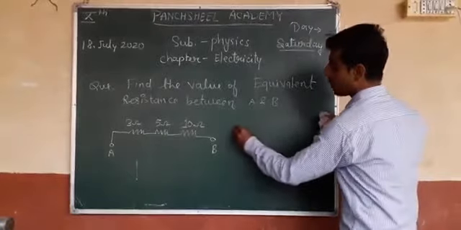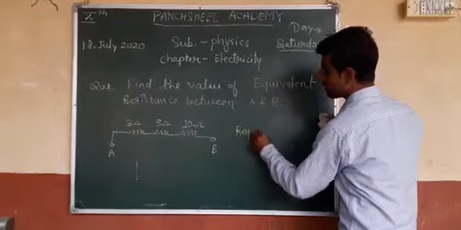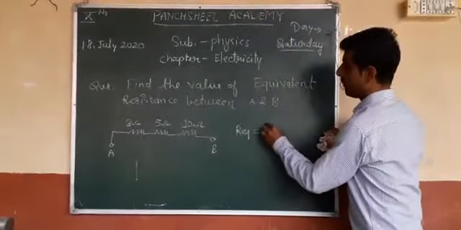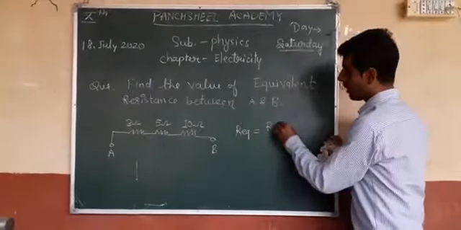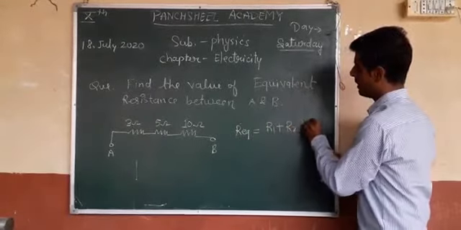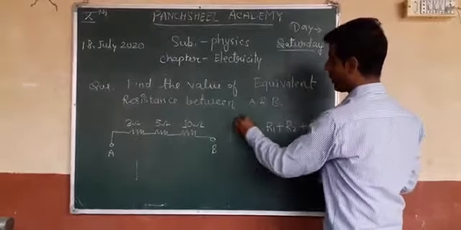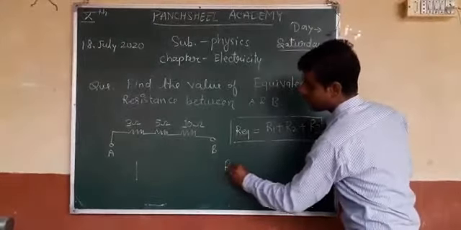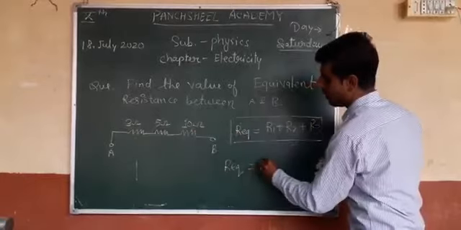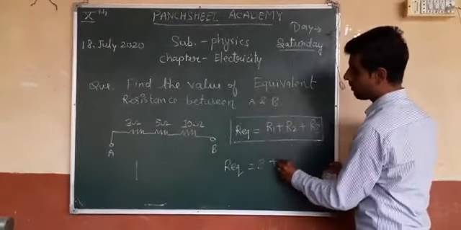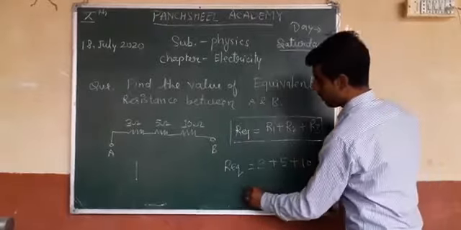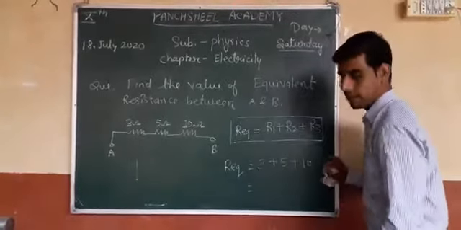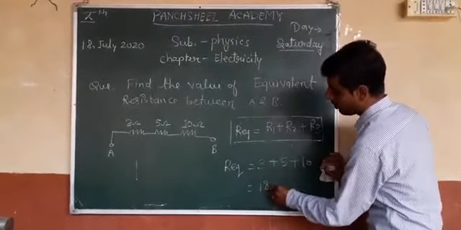So what is the formula for equivalent resistance when three resistances are connected in series? We derived this formula before. R1 plus R2 plus R3. This is our formula. So R equivalent equal to, R1 is 3, R2 is 5 and R3 is 10. 5, 10, 15, 15 and 3, this is 18 ohm resistance.